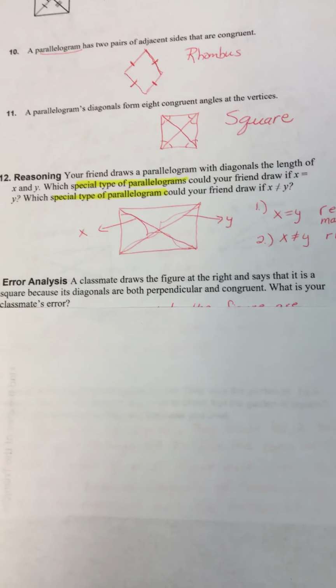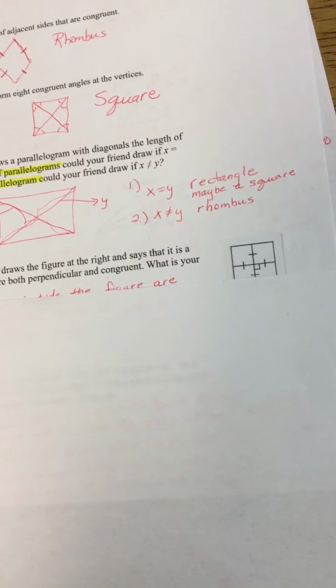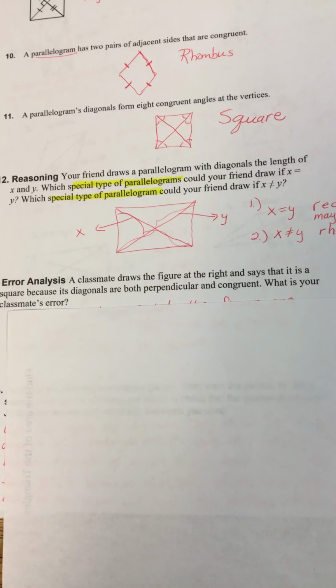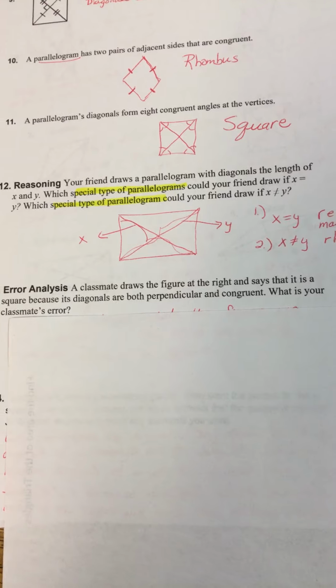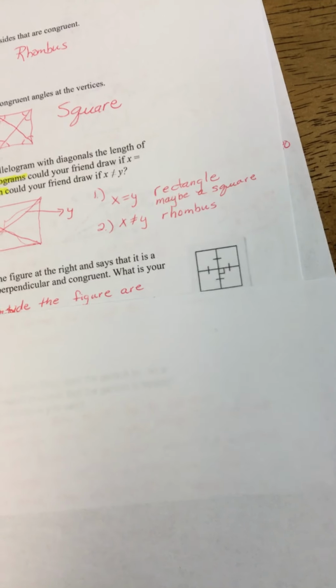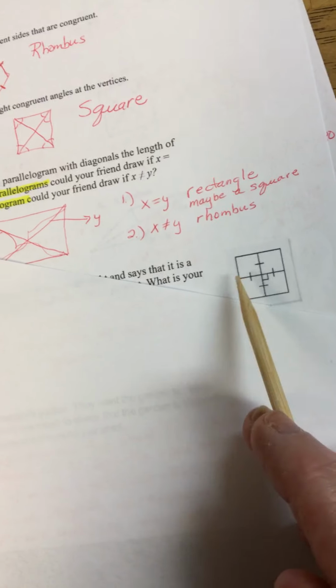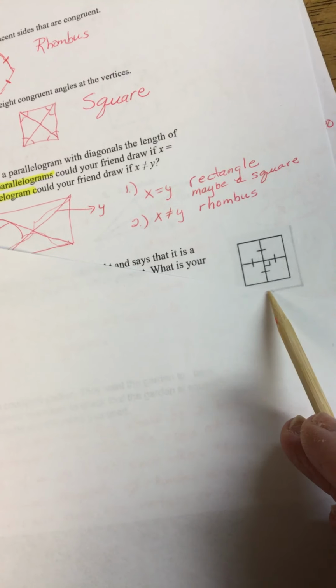Okay, it says, a classmate draws the figure at the right and says that it is a square because its diagonals are both perpendicular and congruent. What is your classmate's error? I looked at this at first and I was tempted to say, what? But then I looked back and I'm like, these aren't the diagonals. They are trying to trick me.